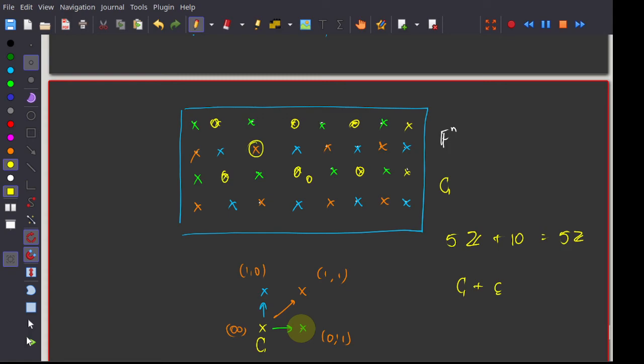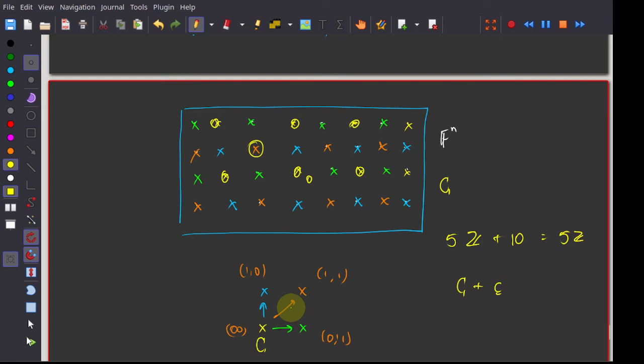So if the rate is very, very small, what am I doing over here? I'm storing a list of cosets. If the number of cosets is larger than the size of the code itself, then I'm not saving space.